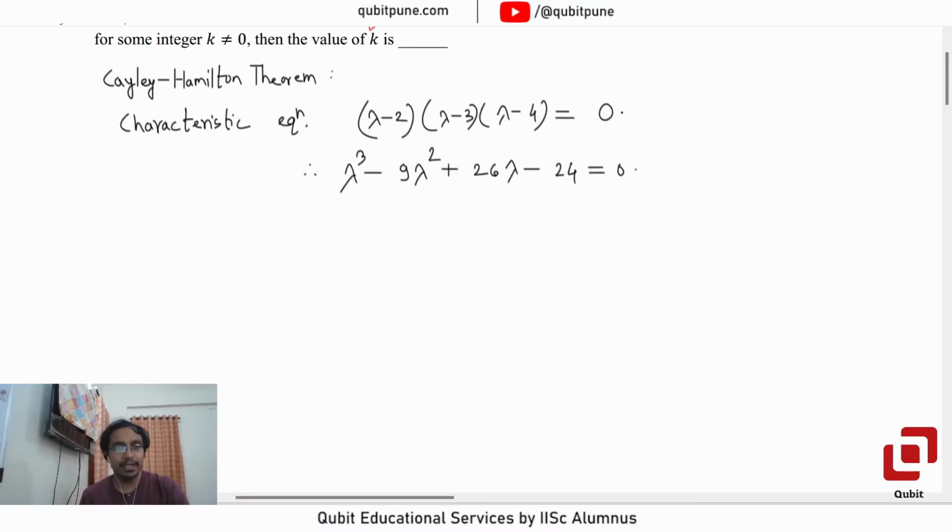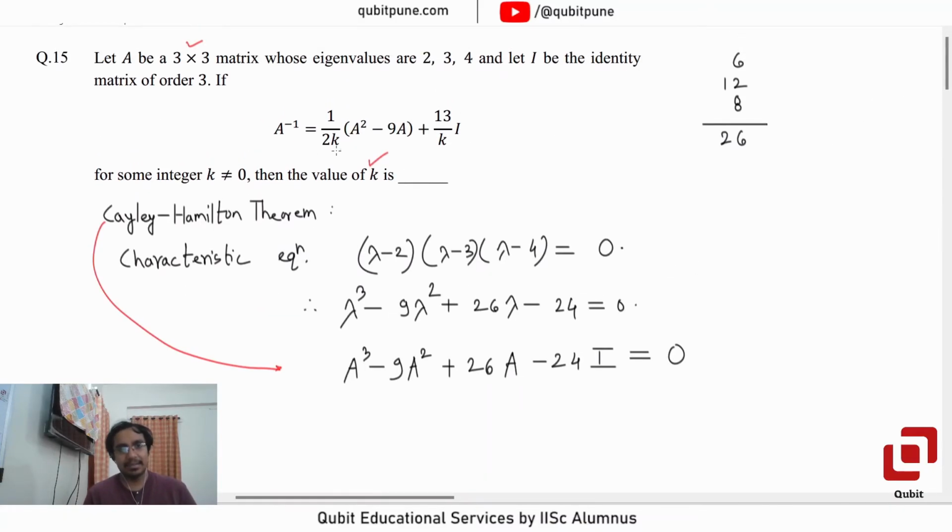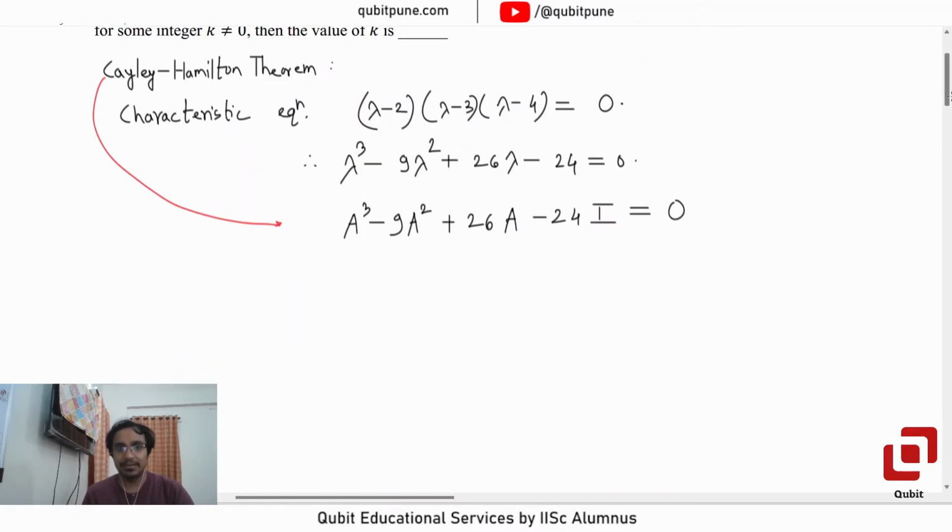So according to the Cayley-Hamilton theorem, we will now have A cubed minus 9A squared plus 26A. Remember, it is a matrix, so we must add or write the identity matrix here, and the right side is not a number, it's a null matrix. Now the standard trick is, if you want to find A inverse, we multiply everything by A inverse.